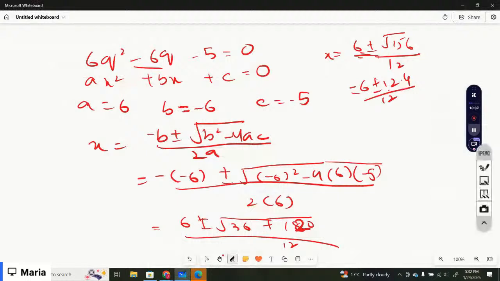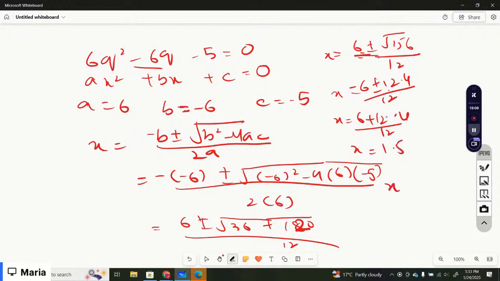You can write it with a positive sign and with a negative sign. 6 plus 12.4 over 12. Let me just do the calculations. That is 6 plus 12.4, 18.4 divided by 12. That is 1.53.